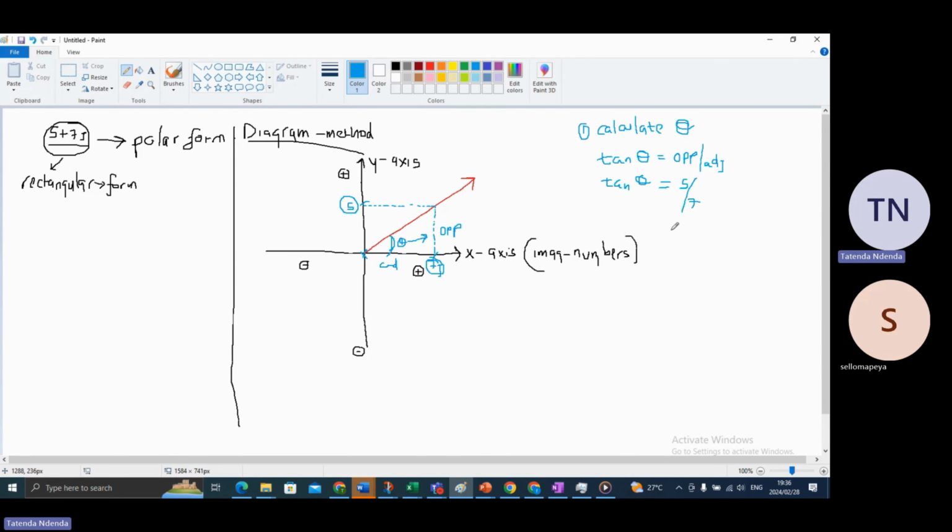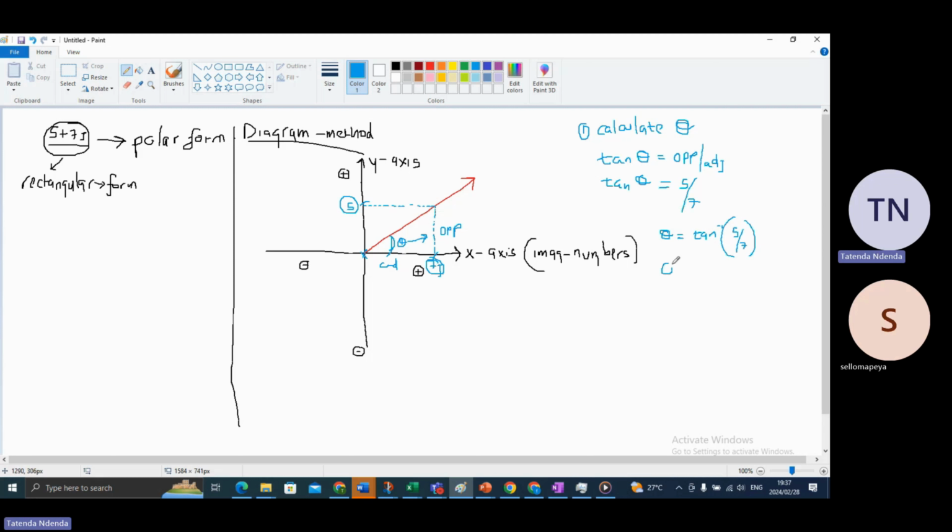But our main focus on this one is not to calculate tan theta, but to get the angle theta. So to get the angle theta, we're going to use the formula: theta is equal to tan inverse of open bracket 5 over 7, like this.